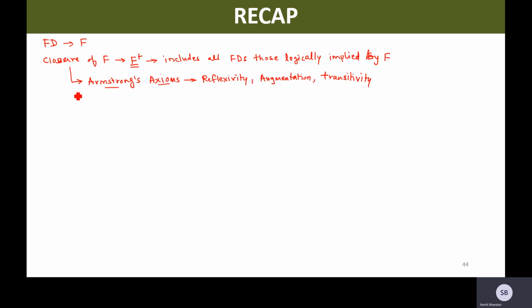But to simplify our task of computation, we have certain additional rules also. These rules are meant for simplification of computation of F plus. And these rules are the union rule, the decomposition rule, and the pseudo-transitivity rule.